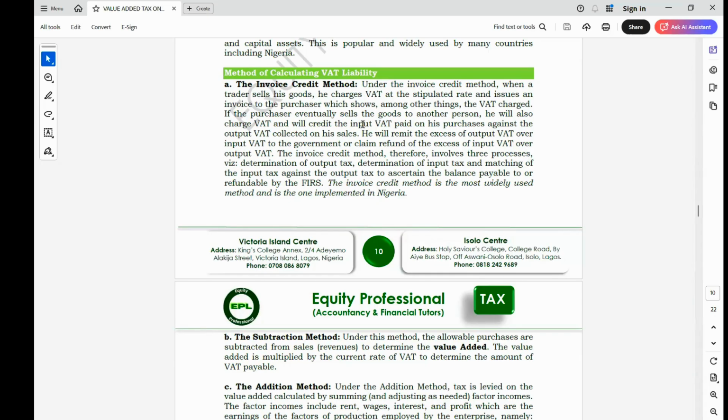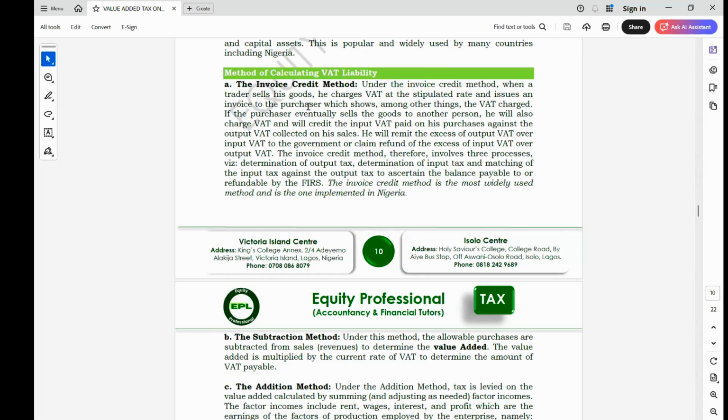So as I said, we have three methods. We have the invoice credit method, or they may also call it the credit method. So either way, invoice credit method or the credit method. So how does the invoice credit method apply? This method involves calculating your output VAT.